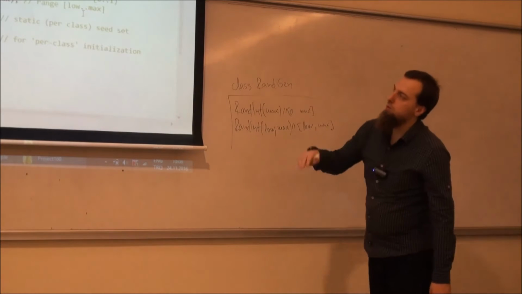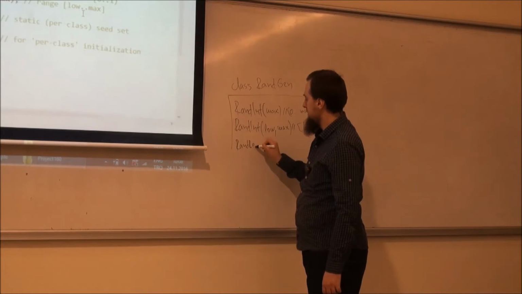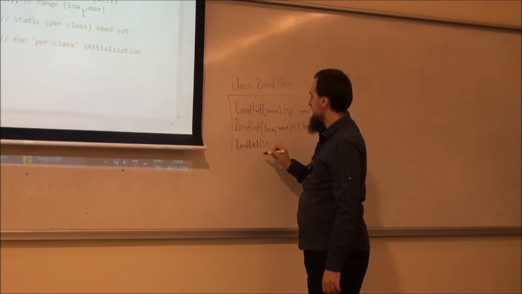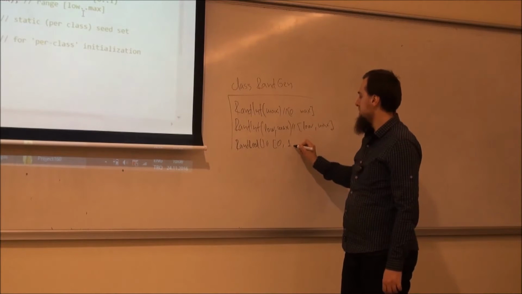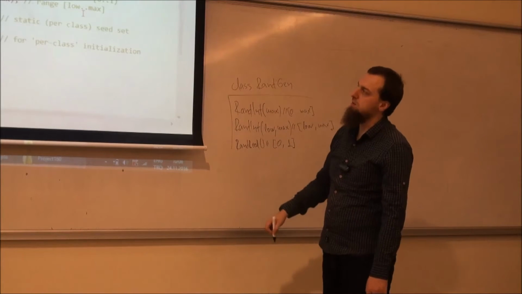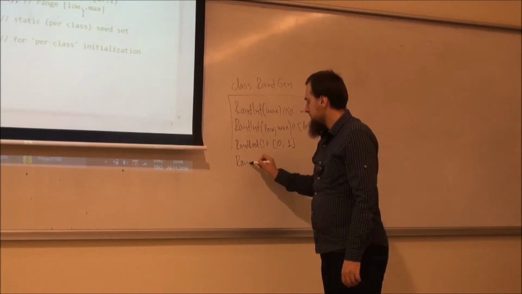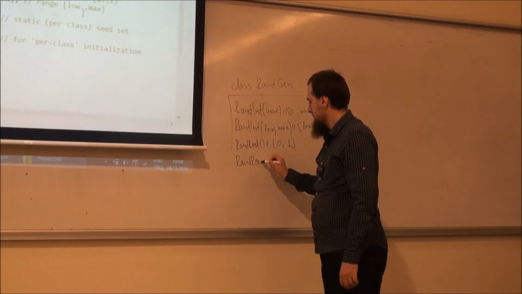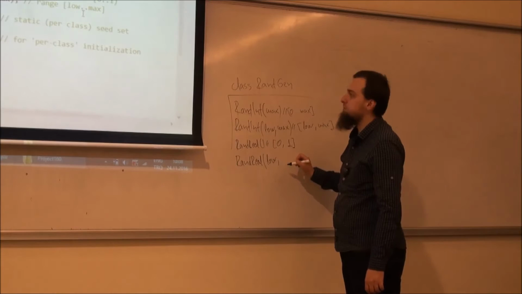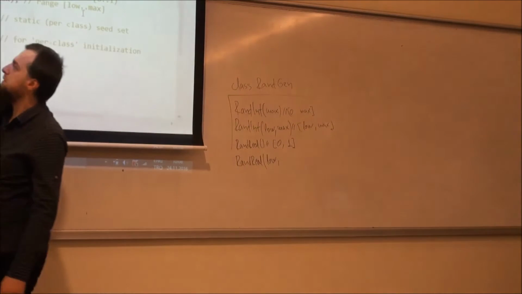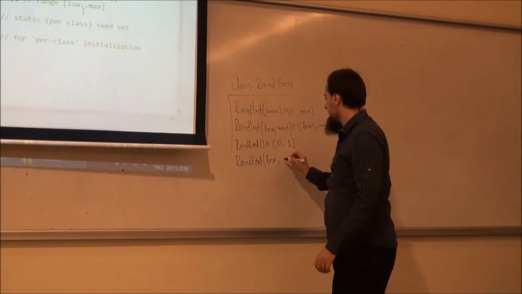We are also dealing with real numbers, so RandReal. It doesn't take any parameter, and it returns a real number between 0 and 1. I think it's inclusive. Also, we can return a real number between low and max. We are returning double numbers, and here we are returning integer numbers. All of them are random.